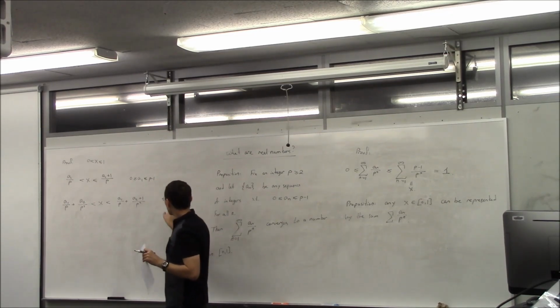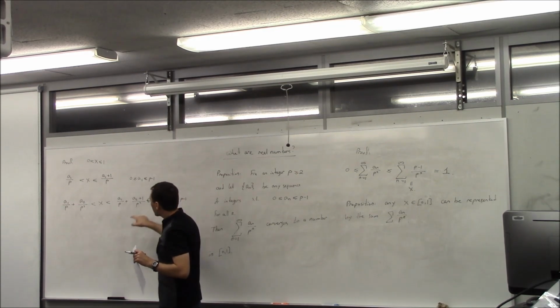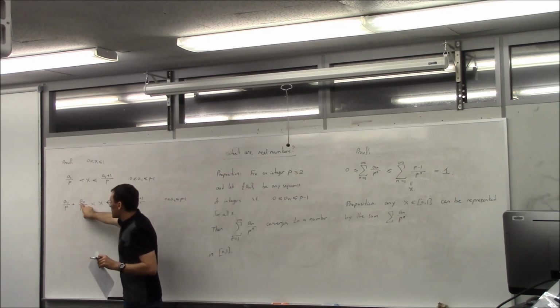Why is it less than or equal to p minus 1? Think what happens. If I need to go with a2 as far as p, imagine a2 is p.